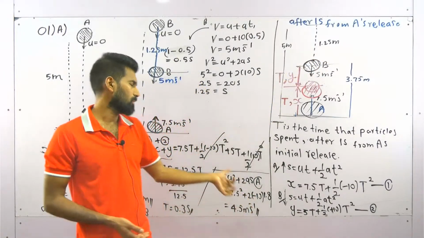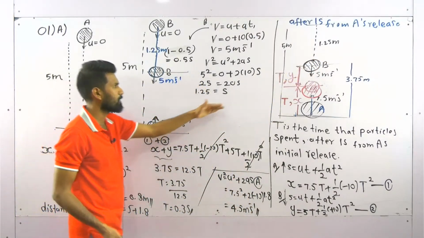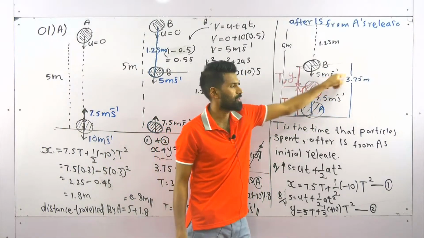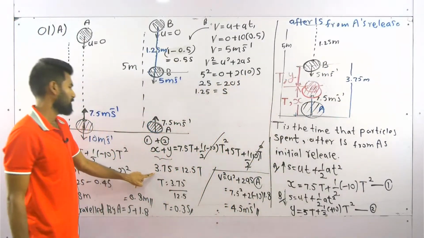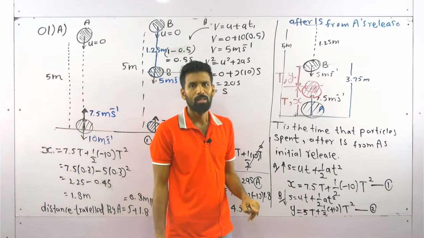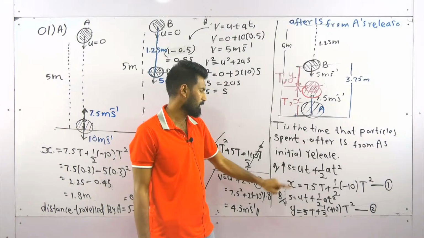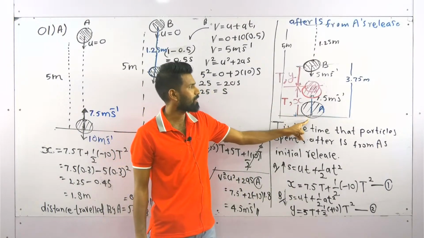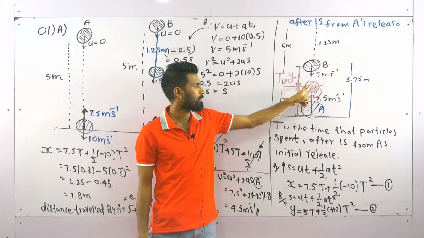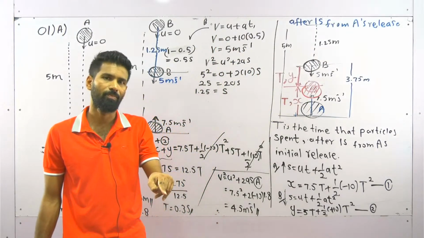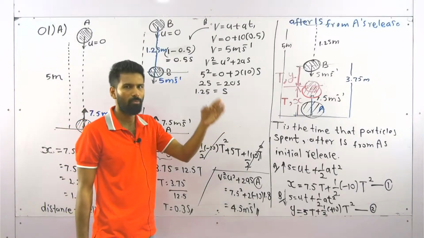Then adding both equations, x plus y is equal to the gap between B and the ground when A hits the ground, 3.75, which gives 12.5 T. Then I calculated T, and substituting T into the equation I got the answer for x. x is the distance that A traveled up to collide with B. Initially, A came 5 meters downward, so the total distance traveled is 5 plus 1.8.